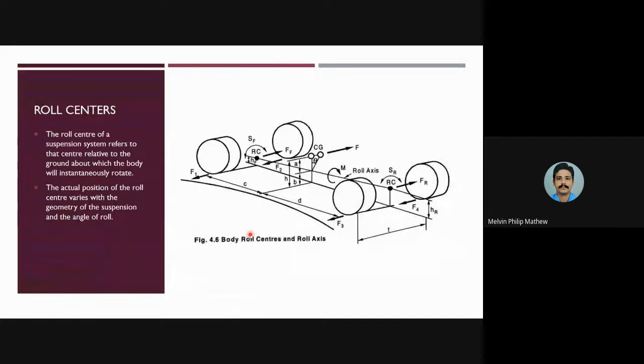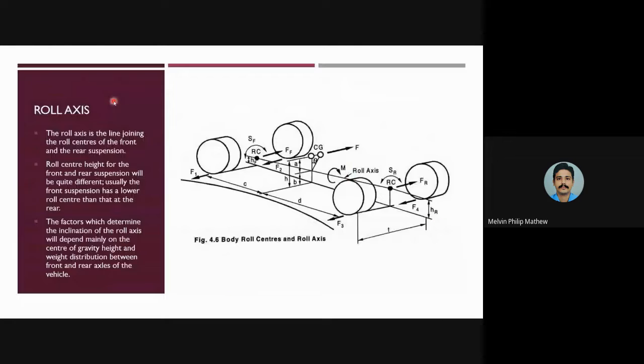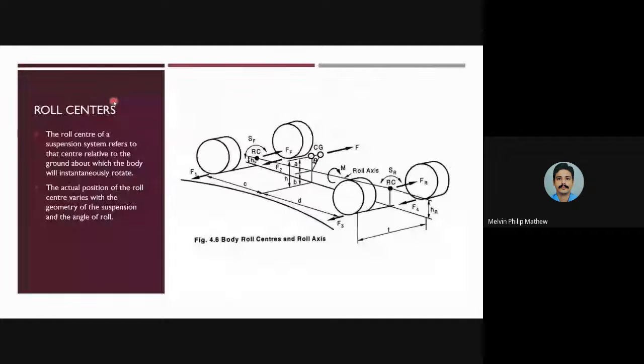Next are some of the terms that we will be discussing now. This is called a roll center, and another one is the roll axis. You can see a line going through here, through the centers of the wheel and the track.